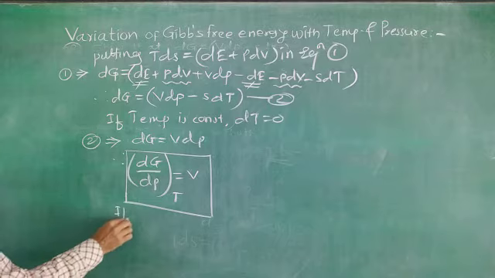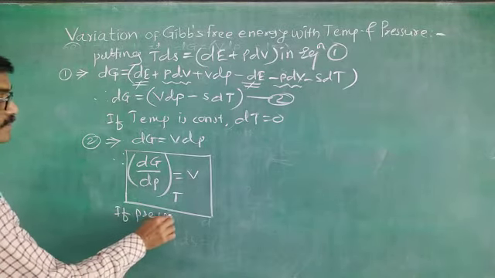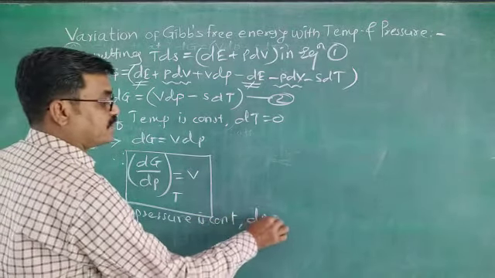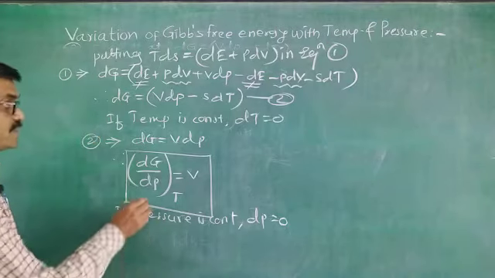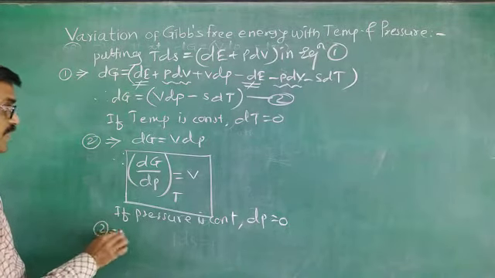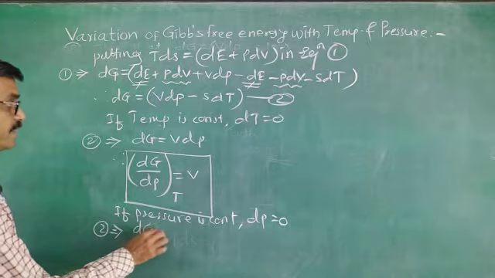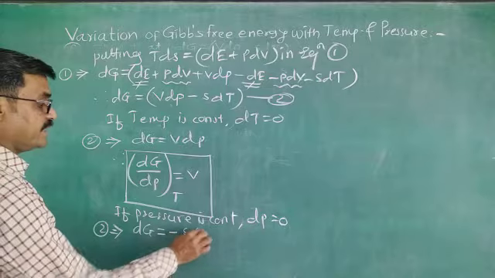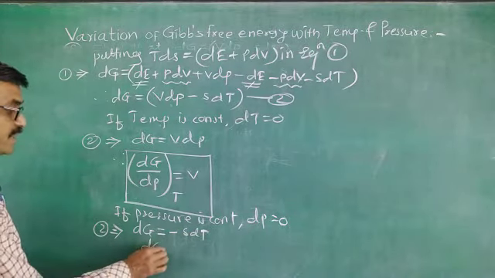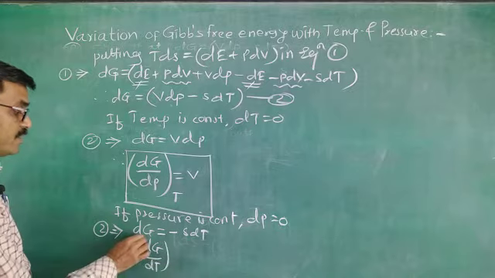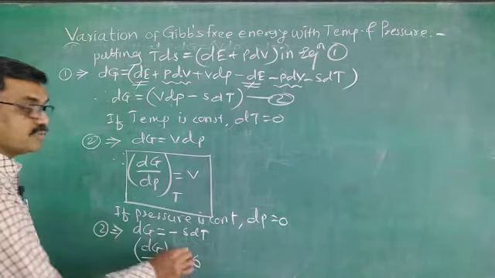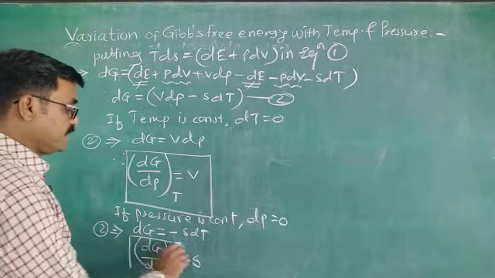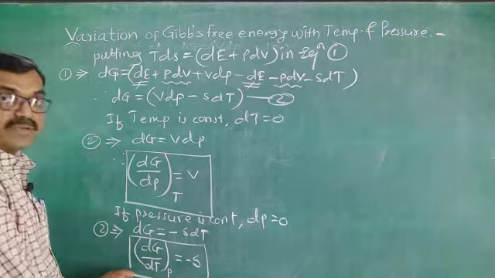Again, if pressure is constant, dP is equal to 0. Since dP is 0, equation 2 implies dG is equal to minus SdT. Further, dG upon dT at constant pressure is equal to minus S. This is our required equation.